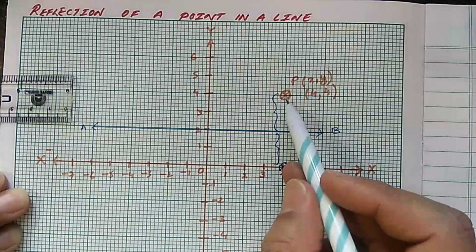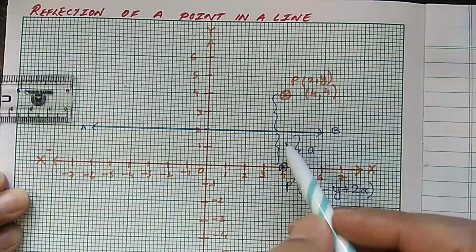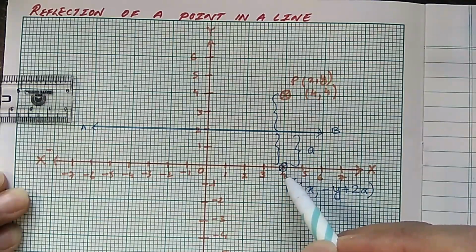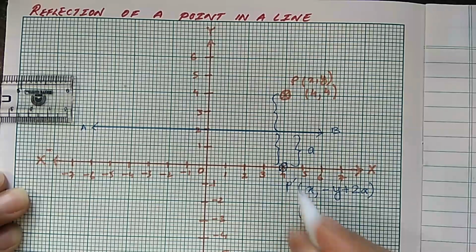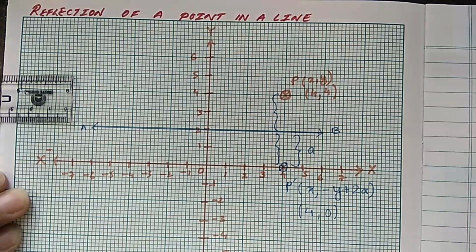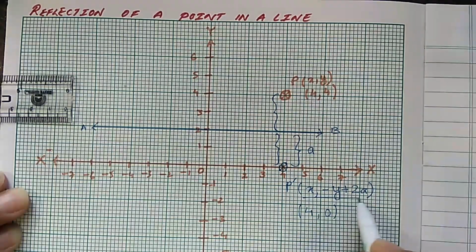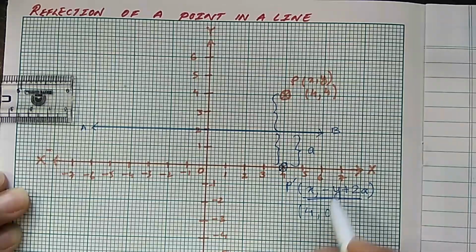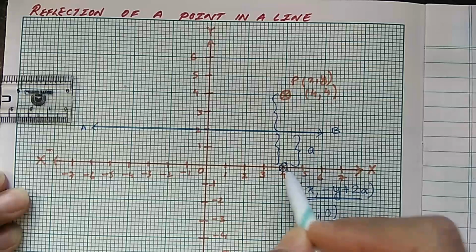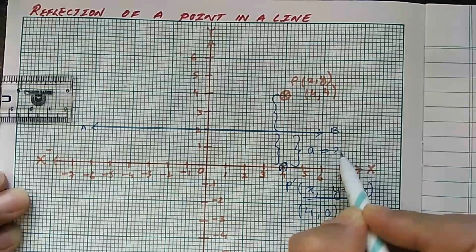Now let's look at this one. As I told you, this is the object distance, this will be the image distance. What is the coordinate of this point? The coordinate of this point is (4, 0), because it lies on the x-axis. So we will see whether this formula will give us this value or not. Now what is the value of a here? A is at a distance 2.